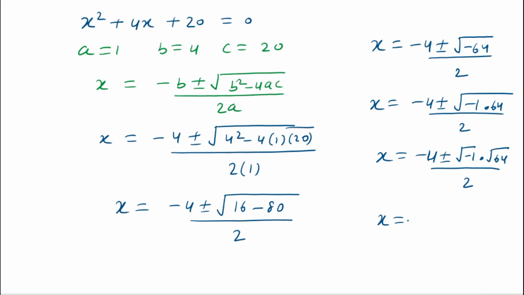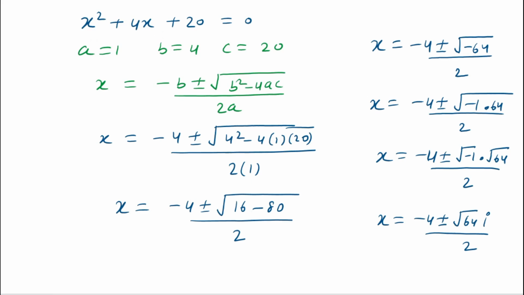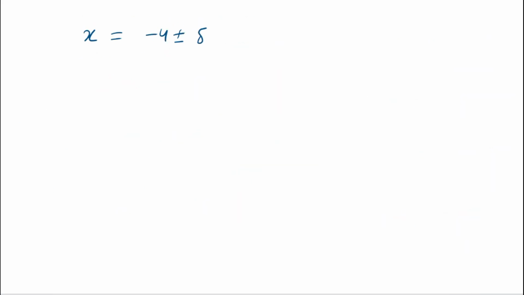The value of square root of minus 1 is iota, and we know that square root of 64 is 8. So x is equal to minus 4 plus minus 8 times iota, divided by 2.